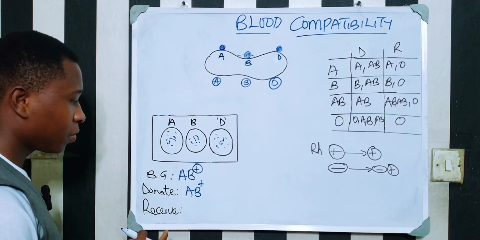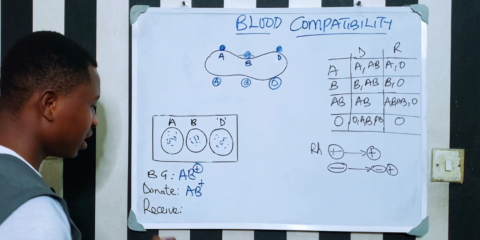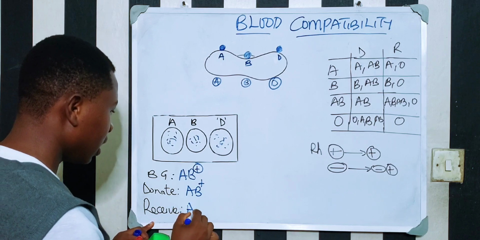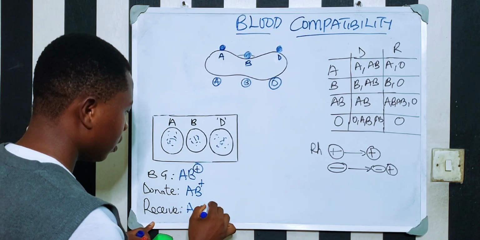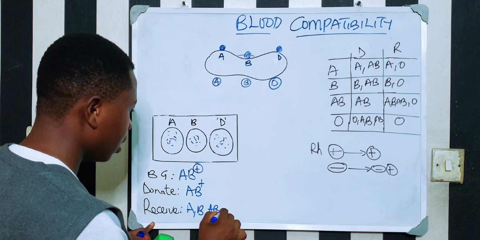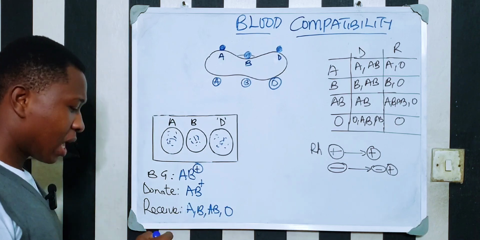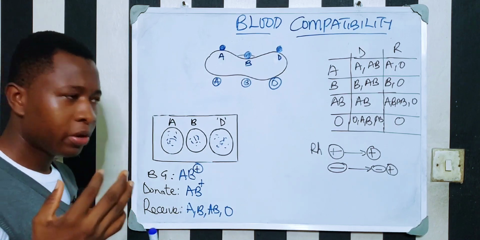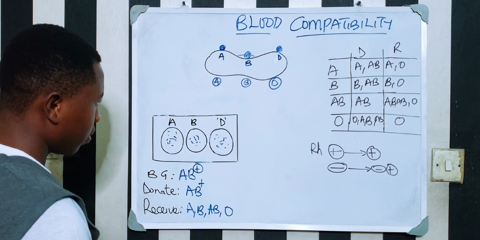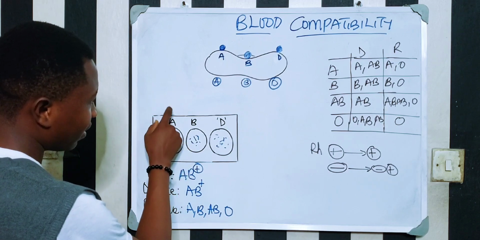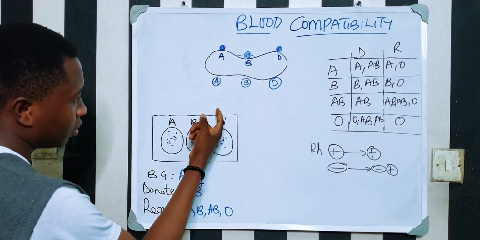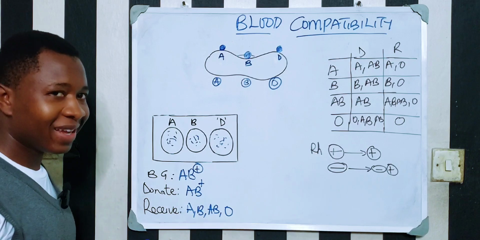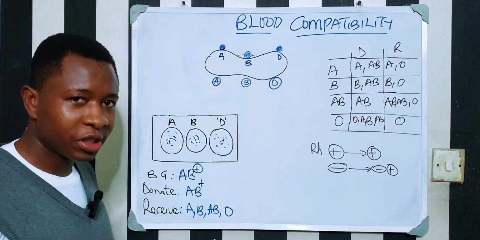Now, who can they receive from? They are universal recipients. So they can receive from everybody: A, B, and O. Let's look at the rhesus factor now. Over here, there is no antibody, no antibody, no antibody. So they can receive from everybody.